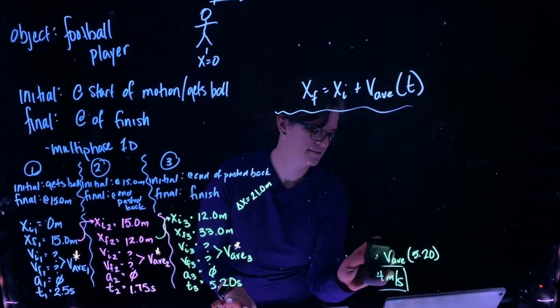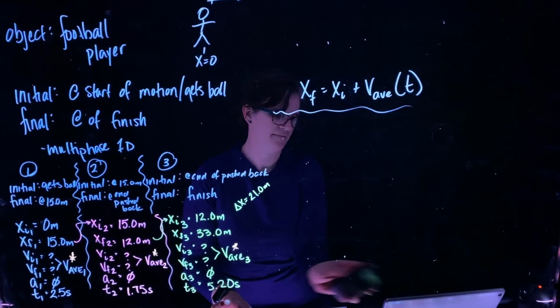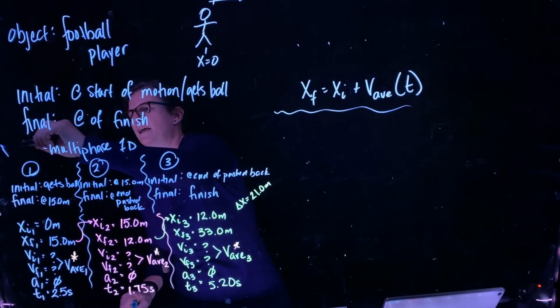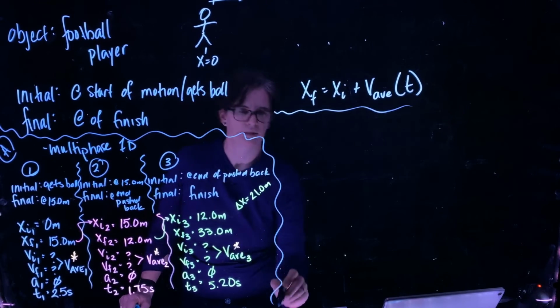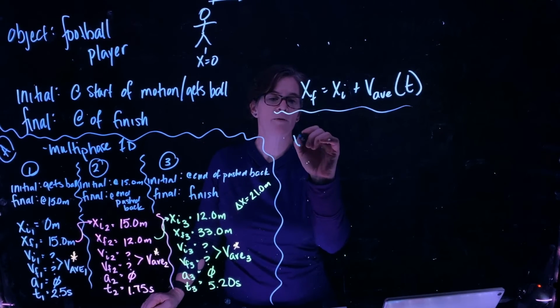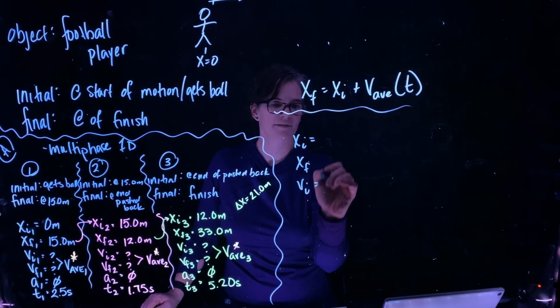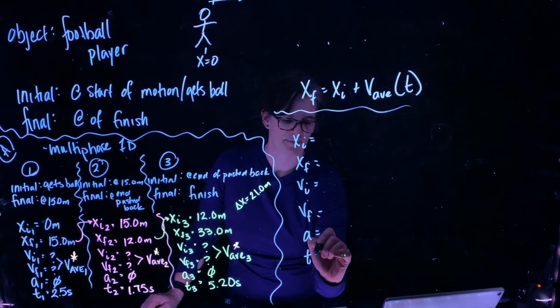Okay. So, that's lovely. All right. So, this was part A. We're going to do part B. Because here's the same motion, and so our list for part B, we have initial, final position, V initial, V final, acceleration, and time.